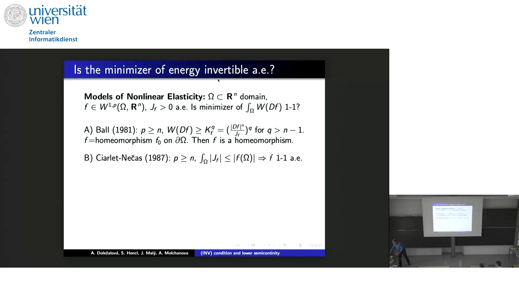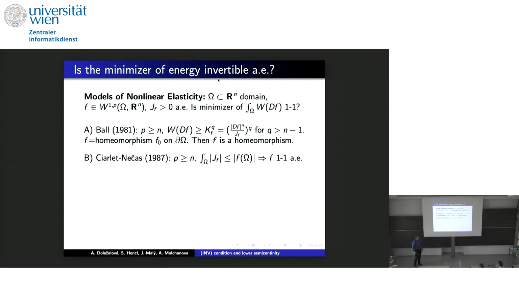Somehow I assume that I'm holding the body on the boundary, and it's minimizing energy inside. I would like to know that it's also one-to-one inside, or even a homeomorphism inside. For this sort of energy, it really happens. There are plenty of extensions, but this is crucial there.